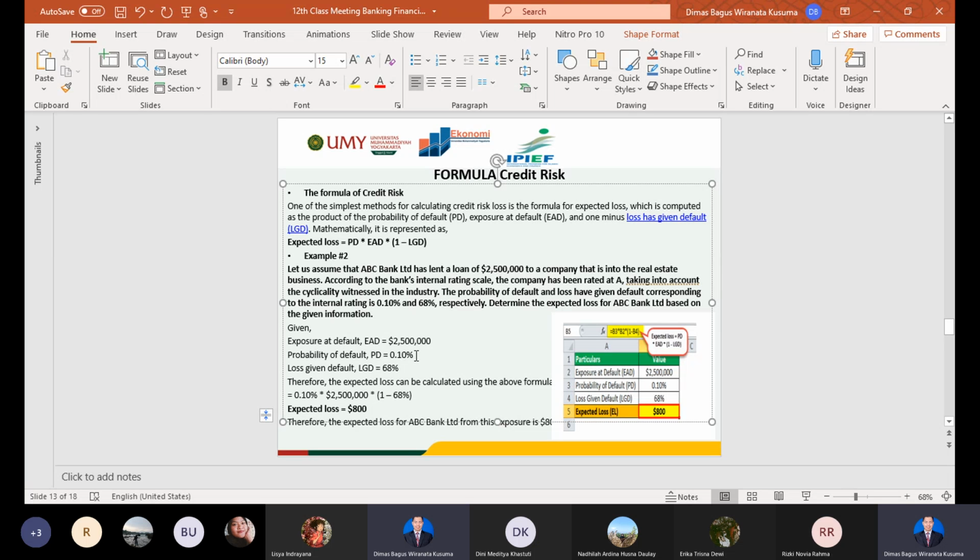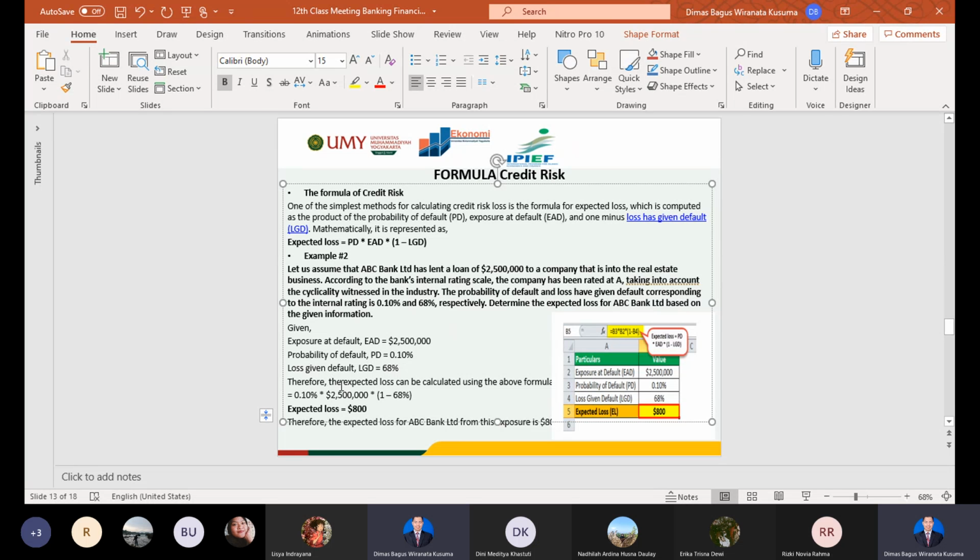The lower or closer to 0, it means that this company or bank is quite sound or resilient. And loss given default 68%, so the loss if the company collapses will be 68%. So the higher is harmful, the lower is good.